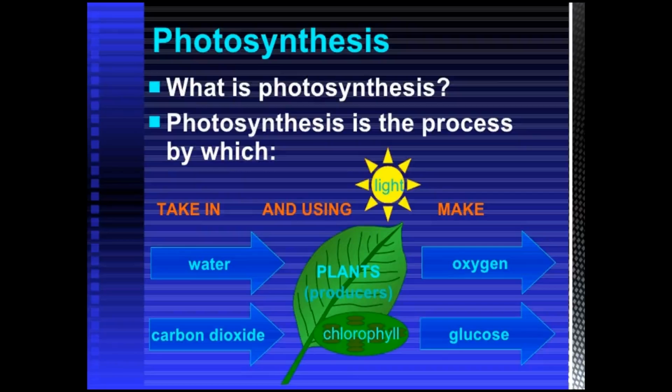Already you studied this in the lower classes. Where does photosynthesis occur? Photosynthesis occurs in the green parts of the plant. Why? Because green plants have chlorophyll. No chlorophyll means they can't prepare food.